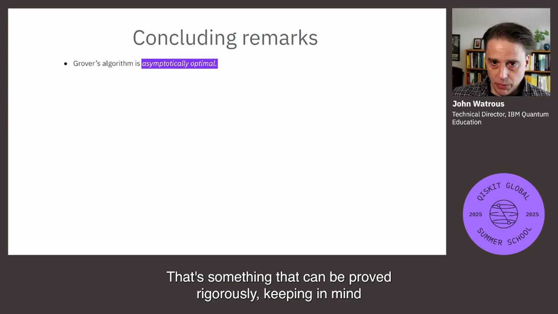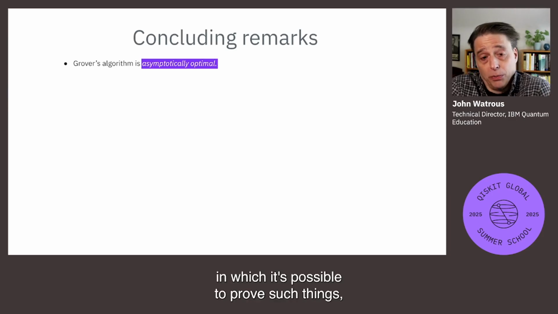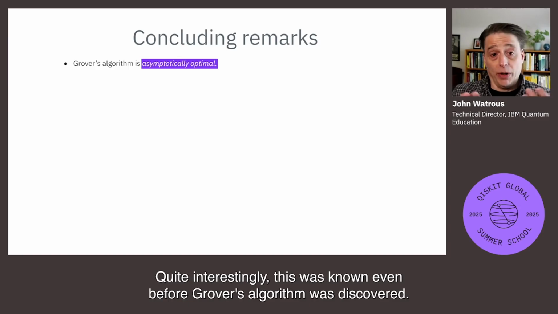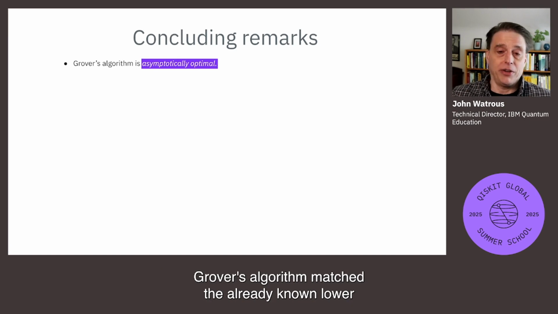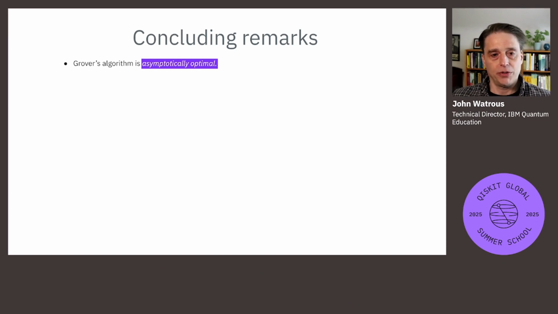That's something that can be proved rigorously, keeping in mind that we're talking specifically about the query model, in which it's possible to prove such things, and there are in fact multiple known proofs. Quite interestingly, this was known even before Grover's algorithm was discovered. Grover's algorithm matched the already known lower bound on the number of queries required for search.